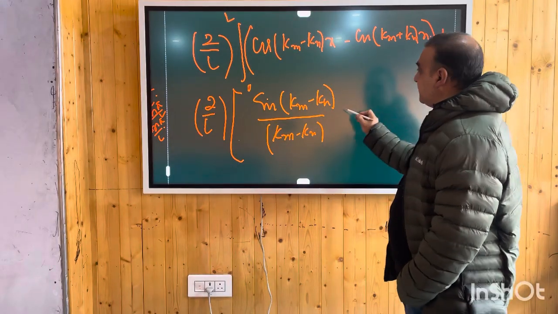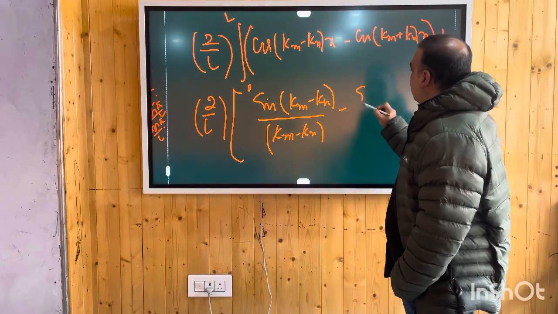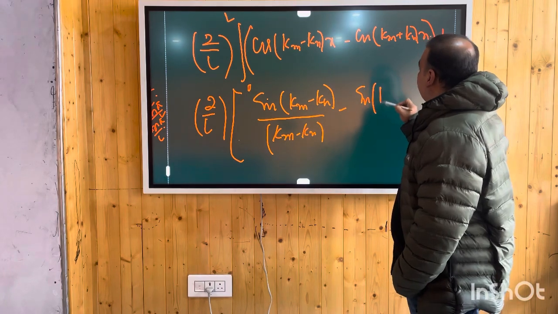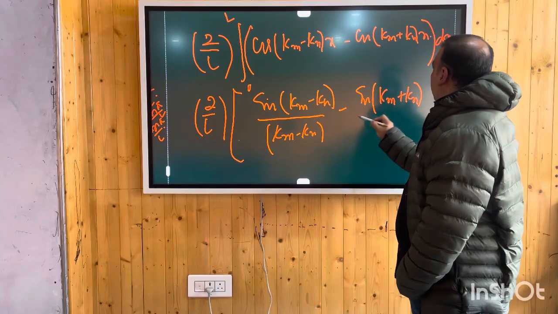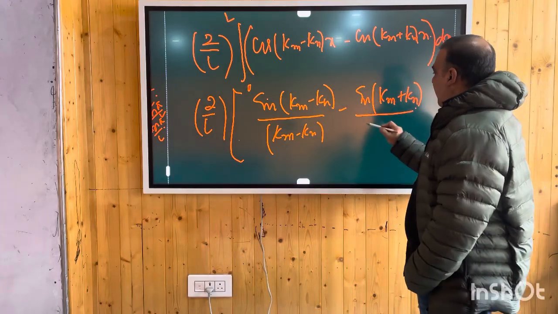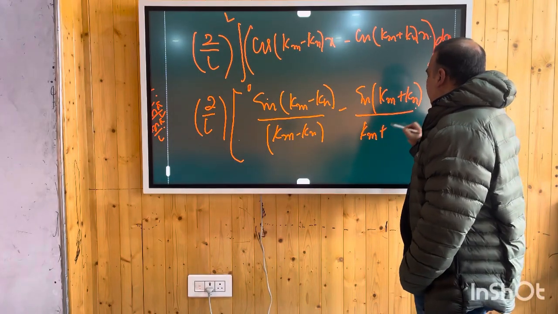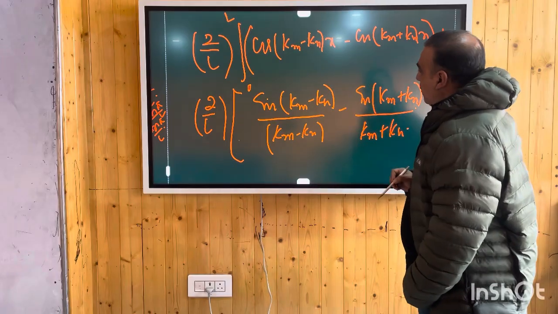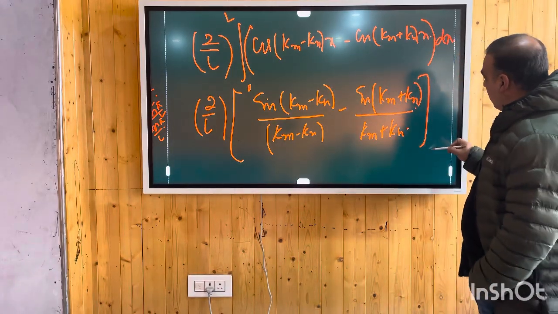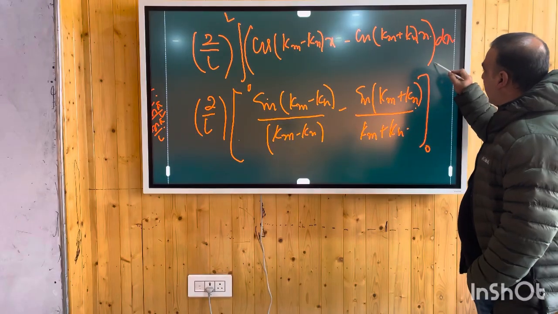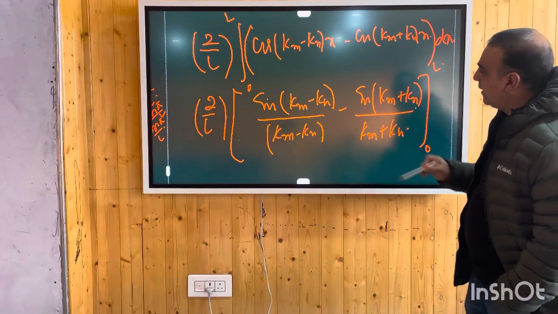Then another part, minus, again sine of (k m plus k n) x divided by k m plus k n. And the limit is from 0 to L. Okay, something is missing.